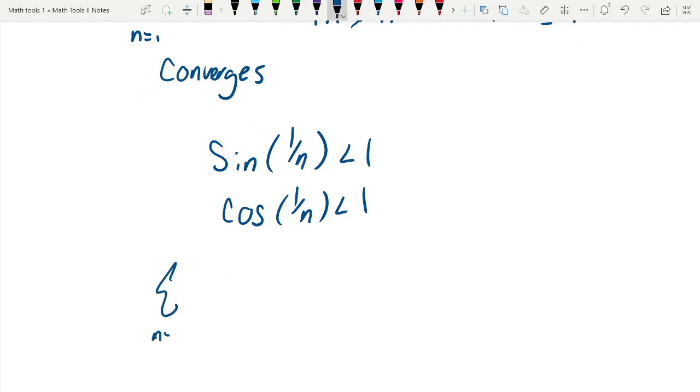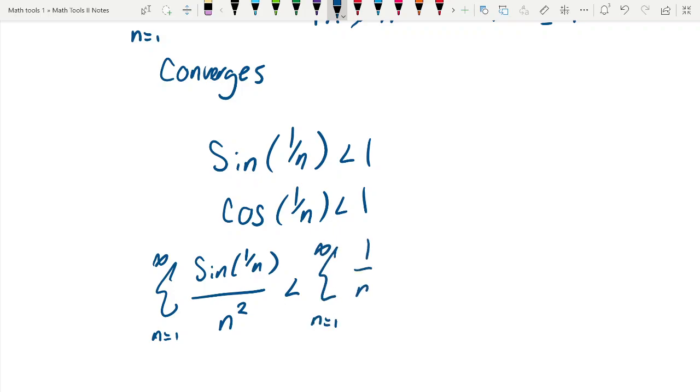Like the one in particular that I'm looking at here is sine of 1 over n squared. So since sine of anything is less than 1, we know that this is less than 1 over n squared, which is convergent. So we say this converges, so we can do things like that.